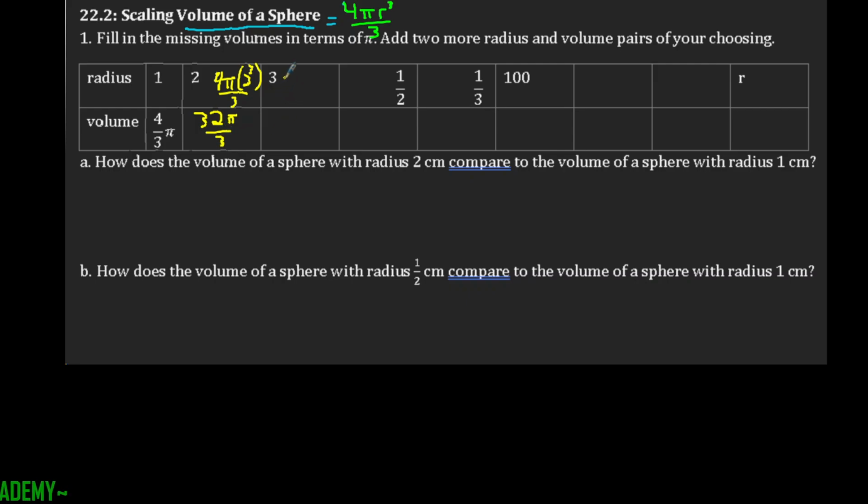Then this is the same as 4 pi times 3 to the third power over 3, which is 27. 27 divided by 3 is 9, and 9 times 4 is 36. So I say 36 pi for the volume when the radius is 3.